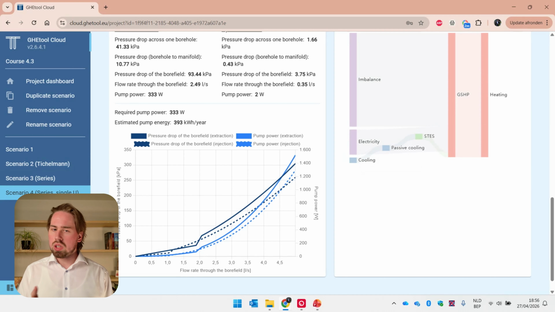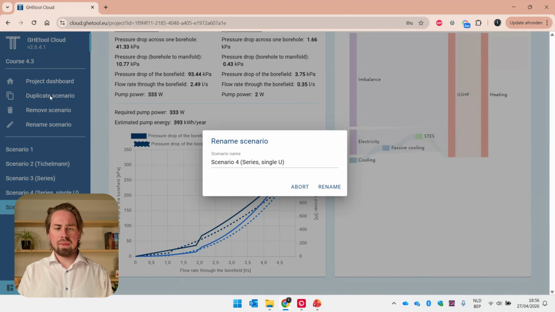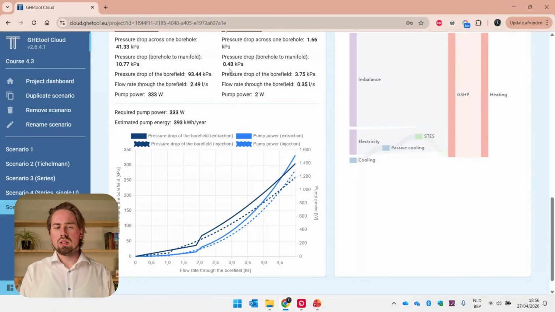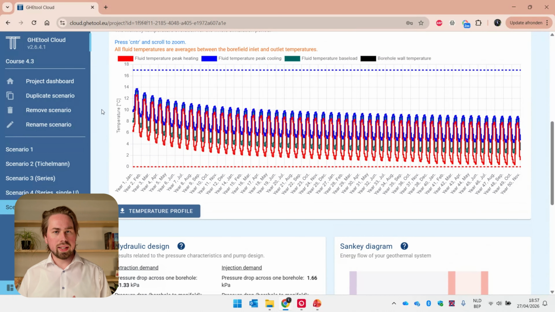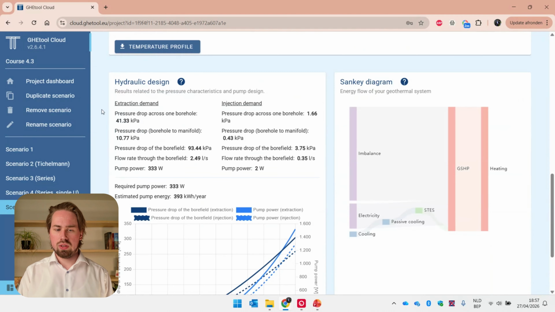Now, just to end this, I want to illustrate the importance of working with variable flow rates. So let's call this now constant flow. We see here that we have basically a critical flow rate of 2.5 liters per second. It's clear that this design only cares about the extraction rate.